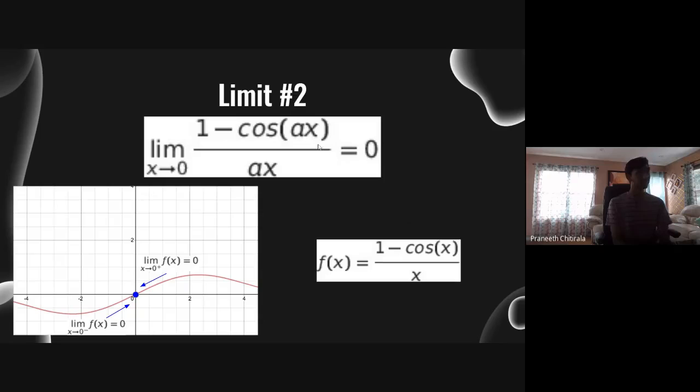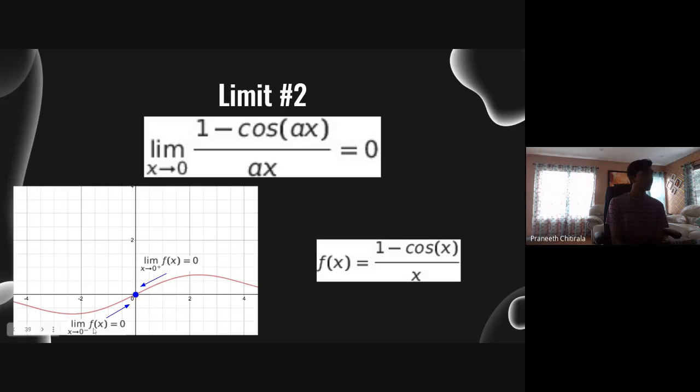Now for the second limit, a little bit more complex, but this time, the limit as x approaches 0 of 1 minus cosine of ax, all over ax, is this time equal to 0. And of course a cannot equal 0 again, but if we set a equal to 1, then we get this function.